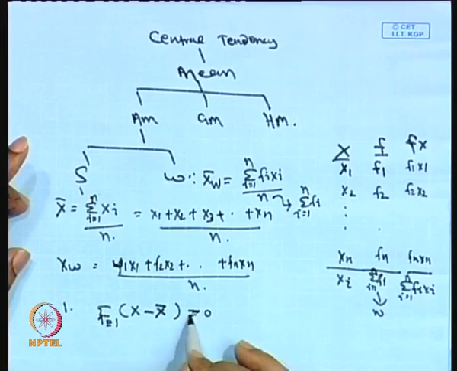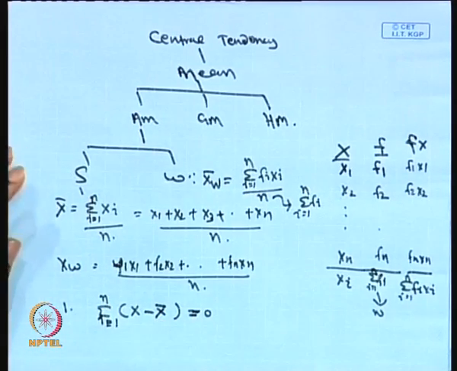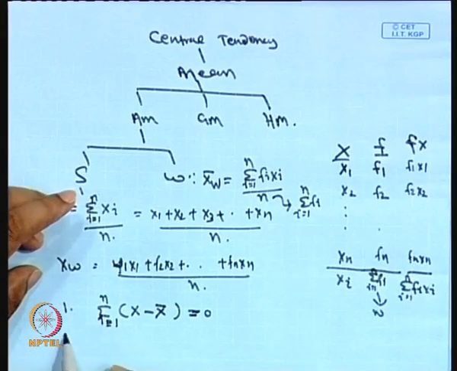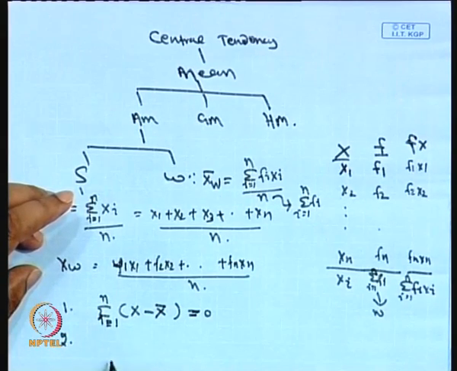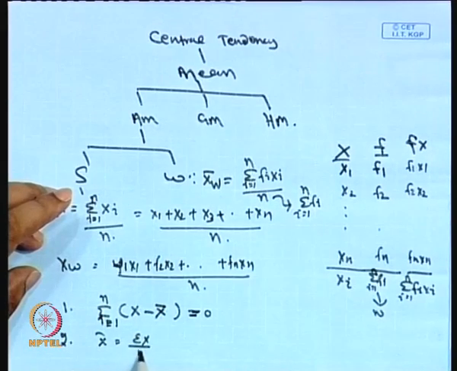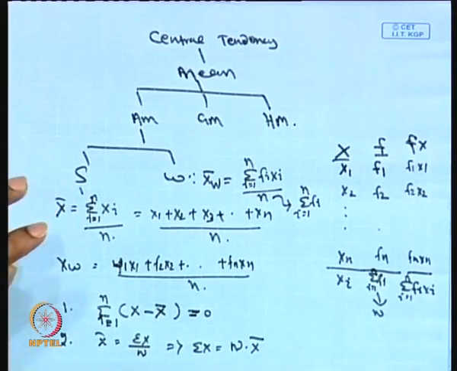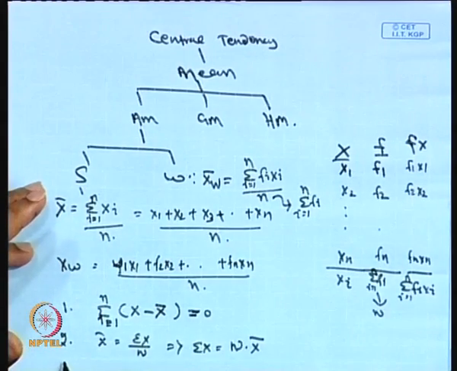Second issue is since x bar equal to summation x by n, that implies summation x is always equal to n into x bar. This is for verification only.